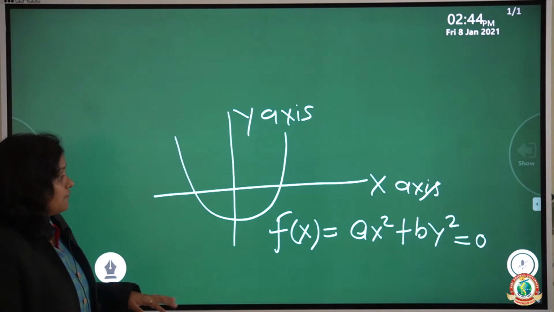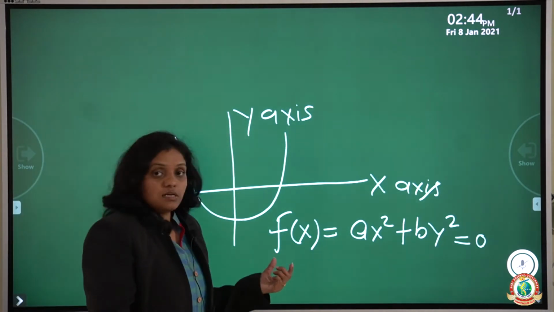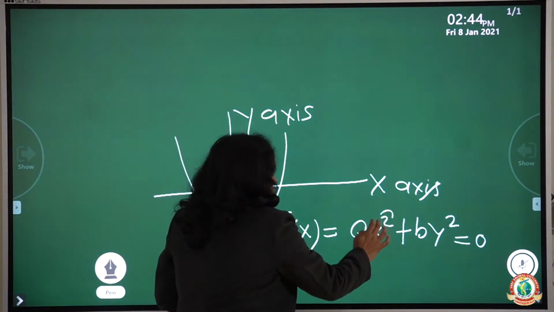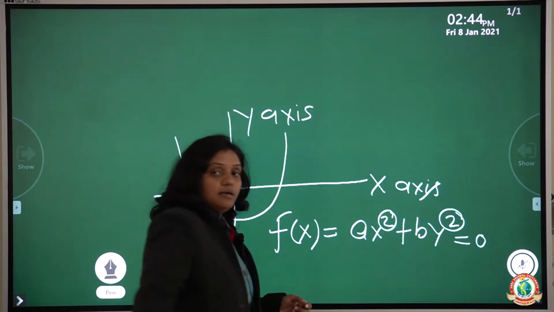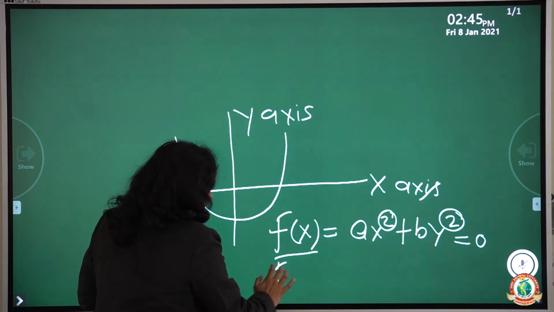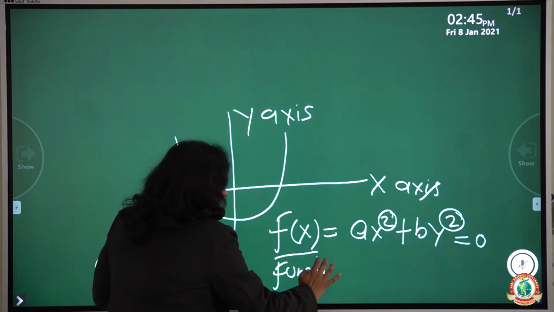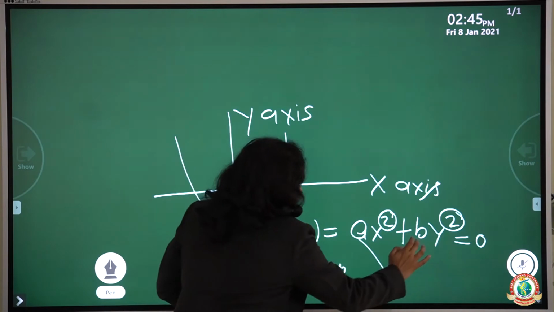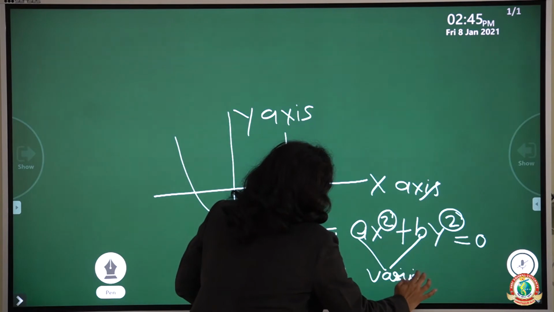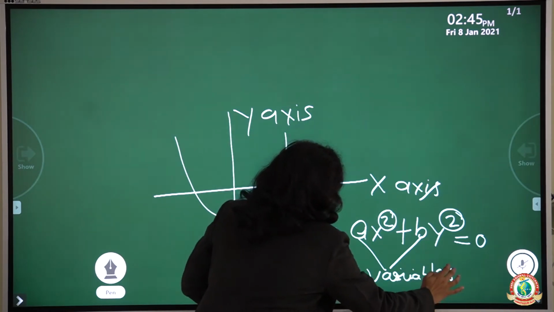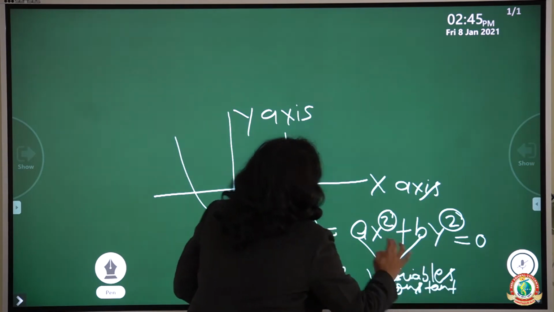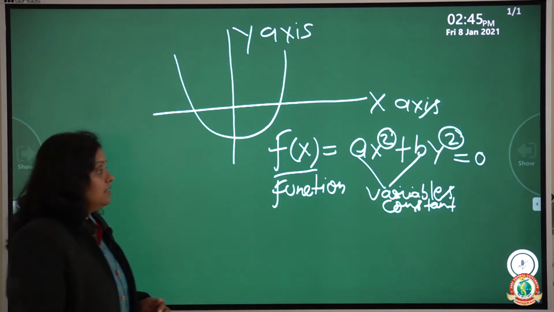So we simply define that a non-linear equation is always in curve form and has a degree of two or higher in its variables, where f(x) is the function, a and b are constant variables, and x and y are the dependent variables.